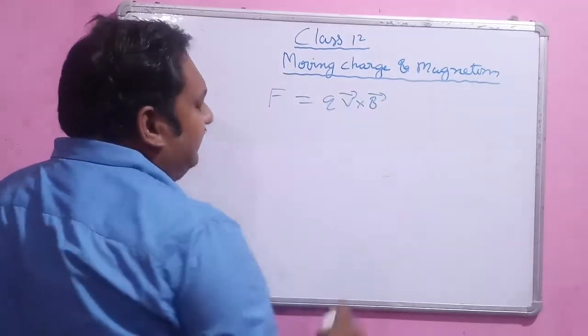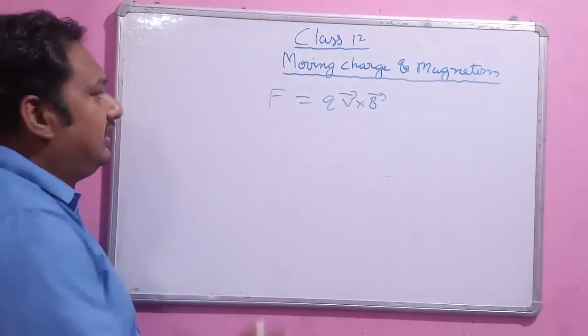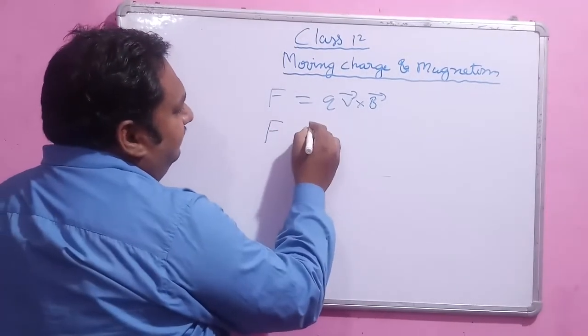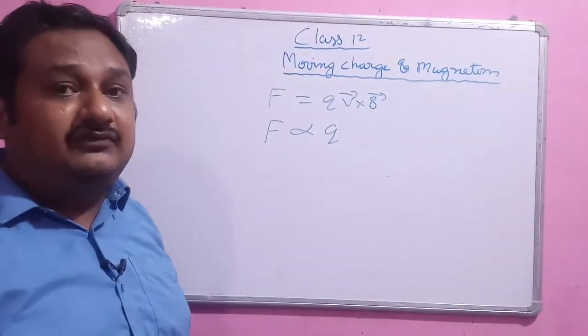Now, what information can we gain from that formula? The magnetic force is directly proportional to Q. It means if the charge is more, the magnetic force will be more.